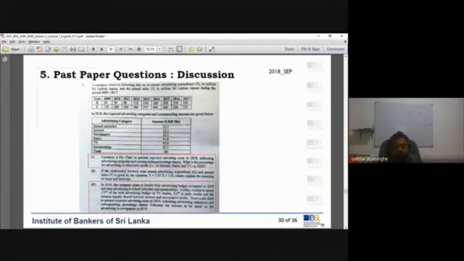Draw a pie chart to present expected advertising cost in 2019, indicating advertising categories and corresponding percentage measures. Calculate the amount to be spent on advertising in newspapers in 2019. Again, students, this is nothing but resolving small puzzles and doing another drawing.